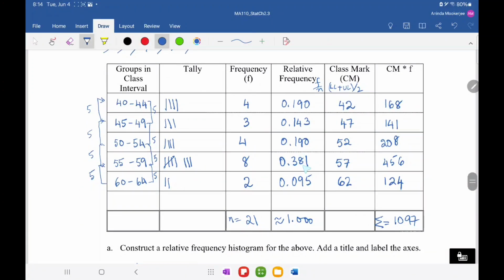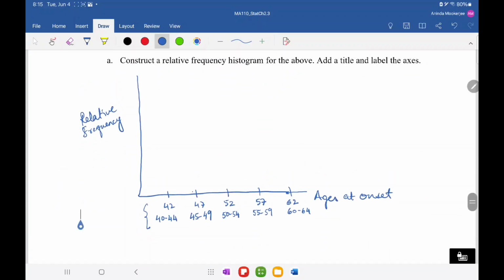All right, then for the relative frequency, let's look at the relative frequency values. The highest value we have is 0.381. So if we go up to 0.4 on the y-axis, that should be enough to cover all the relative frequency values. So let's divide this into 4. So 0.1, 0.2, 0.3, and extend this a little more, 0.4.